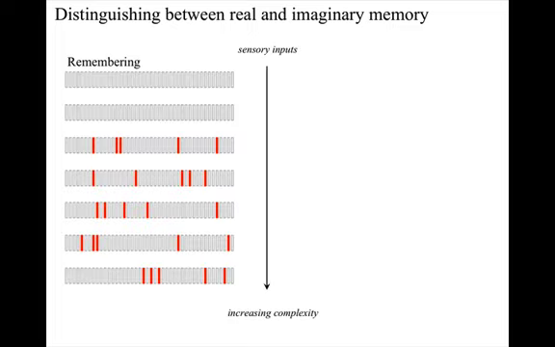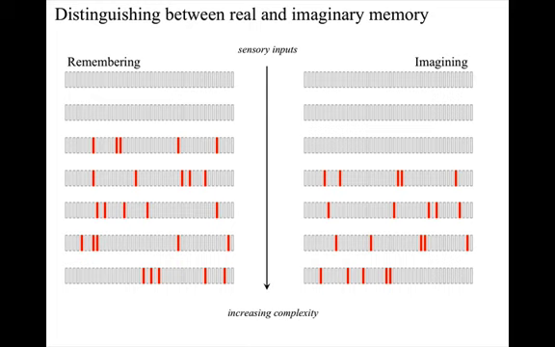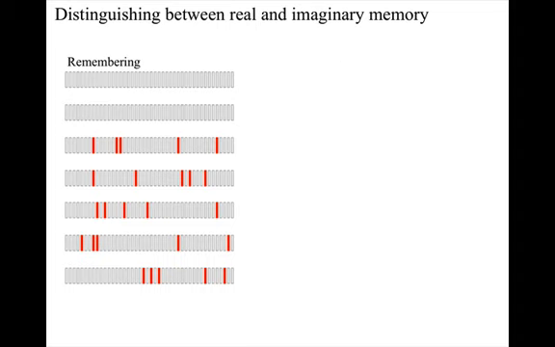First, the recall of a real event has somewhat less receptive field detection in the areas close to sensory inputs than at the time of the experience. But the recall of an event that was only imagined in the first place could have even less activity in those simpler cortical areas.